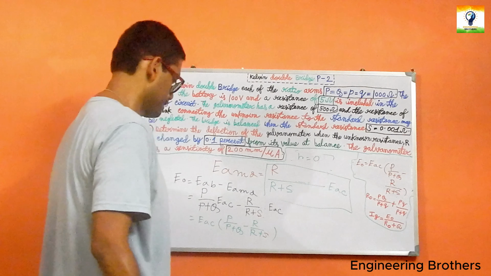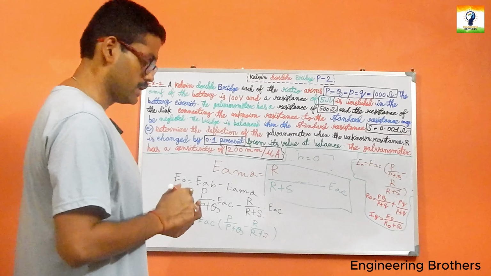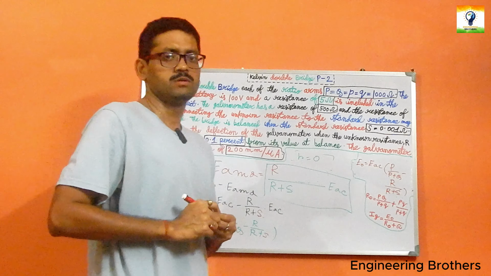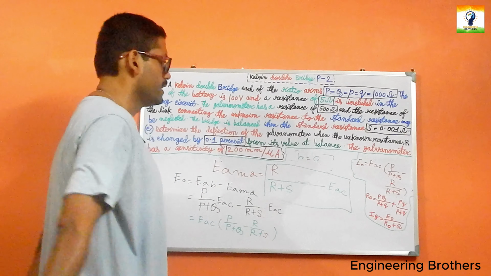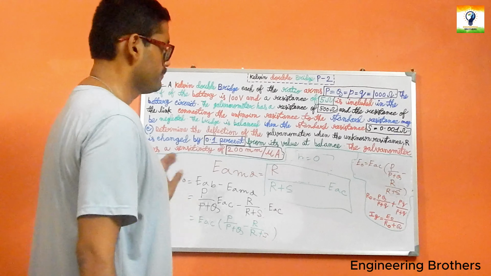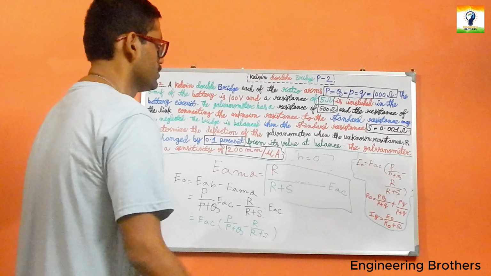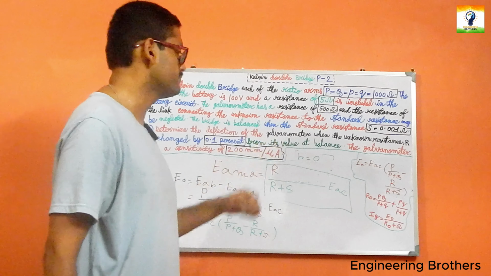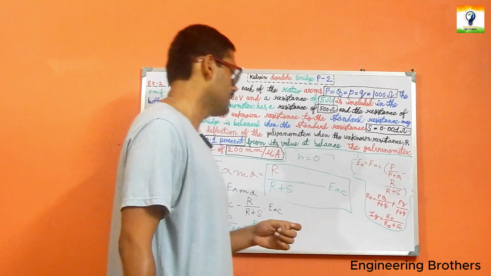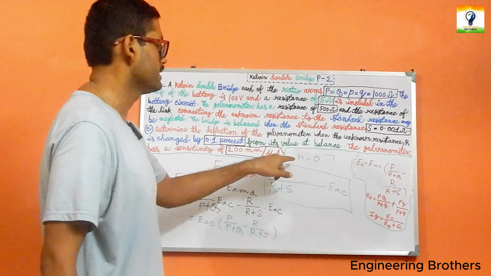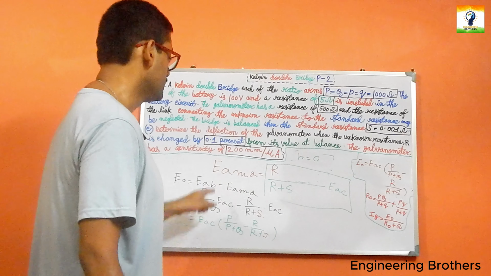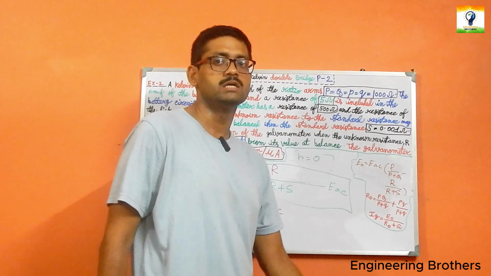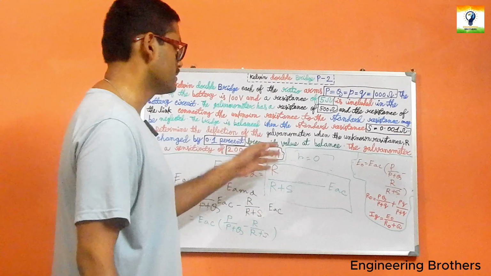This one, I want to give you some amount of time to think about it, and after that I will continue with our solution. I want to remind you once again. First I have taken that small r as 0, and after I put that value of small r as 0 in the EMD expression, the expression is further simplified.